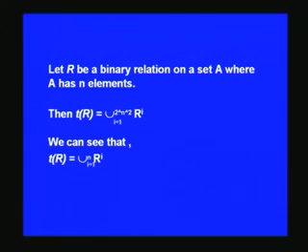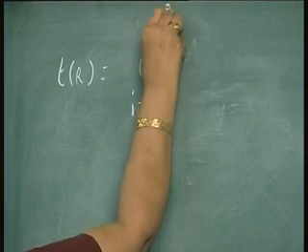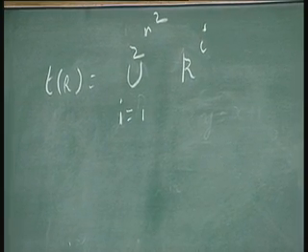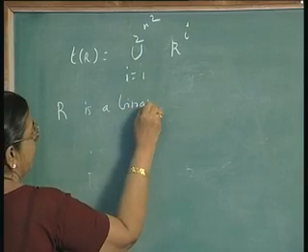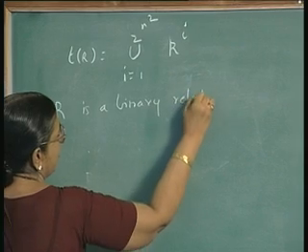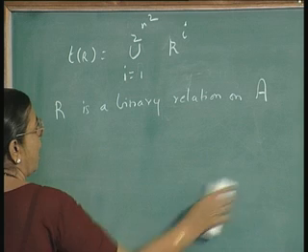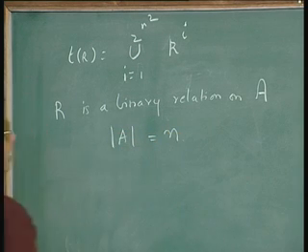Then you can show that TR is equal to the union of i equal to 1 to 2 power n squared of R^i, where R is a binary relation on a set A, and A has n elements, where n is a finite number.